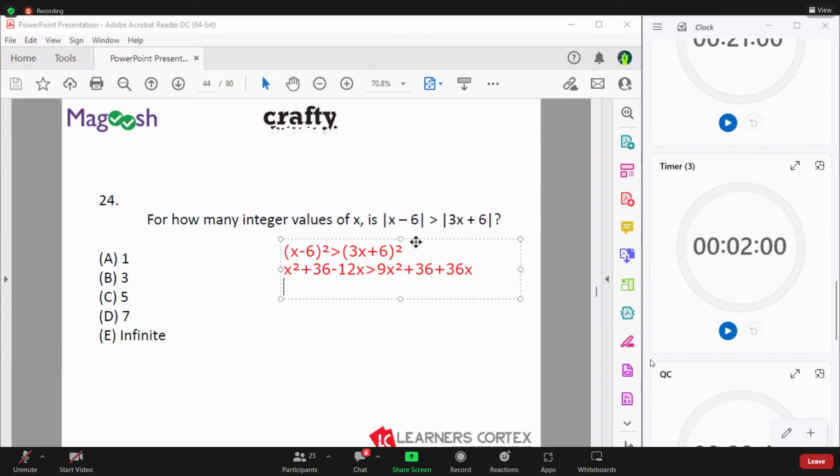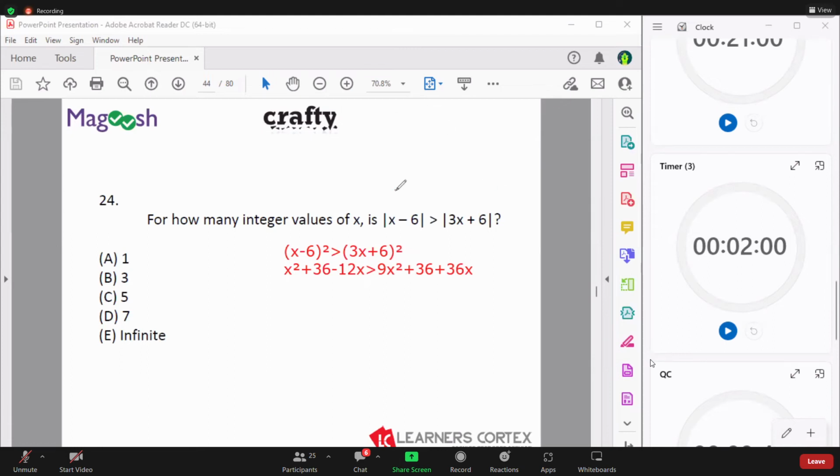The possibility for this is either it will give a positive value or it will give a negative value. Same for this as well, positive or negative values. So we can square on both the sides, and then solve the inequality.